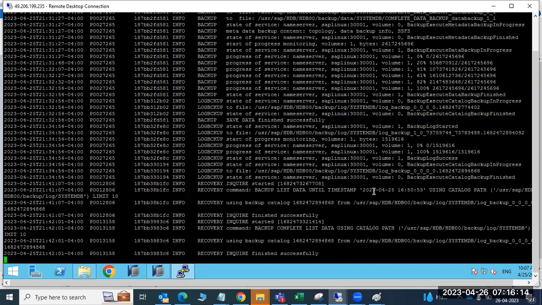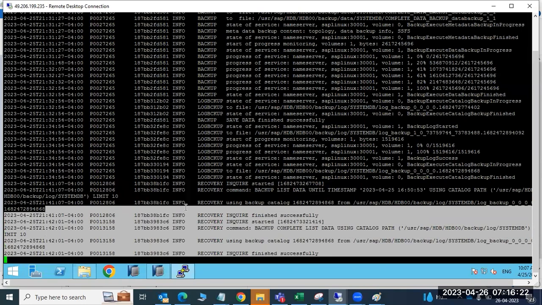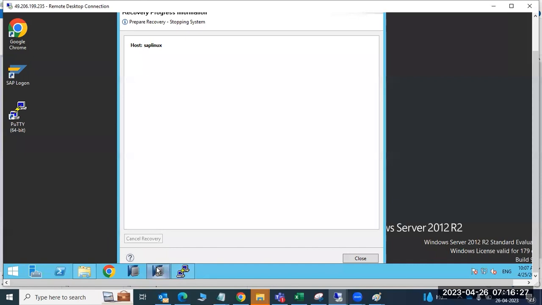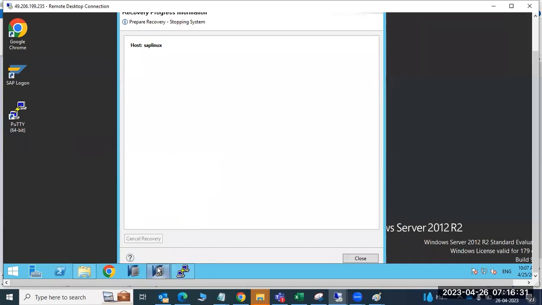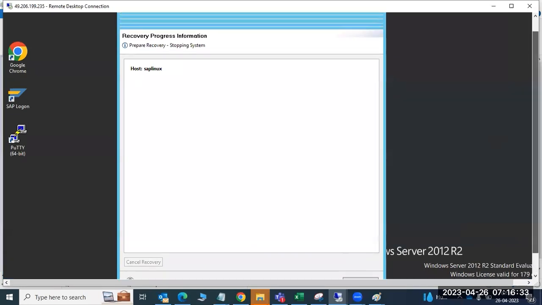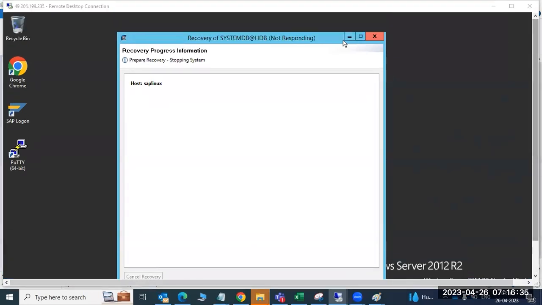Recovery started until this time. We have initiated the query, and all the actions will be recorded here. That's why you can see here that recovery is running.